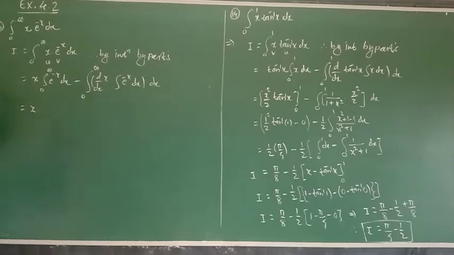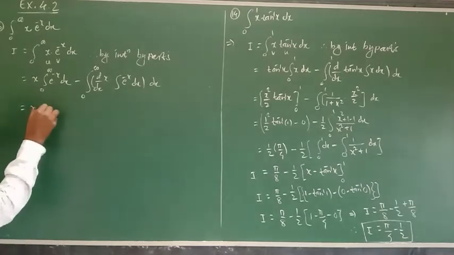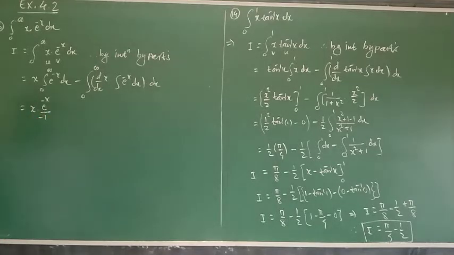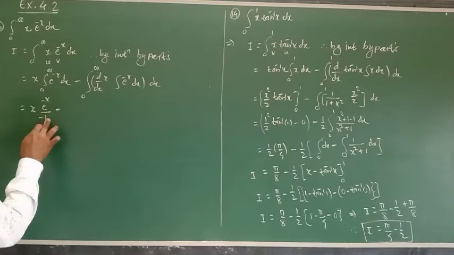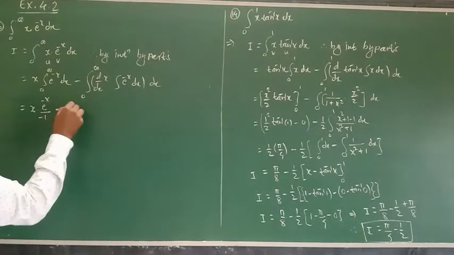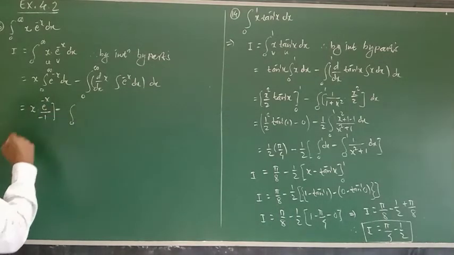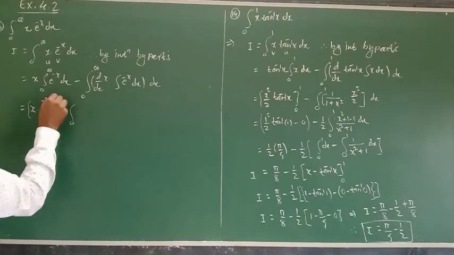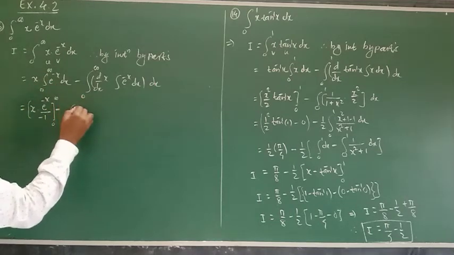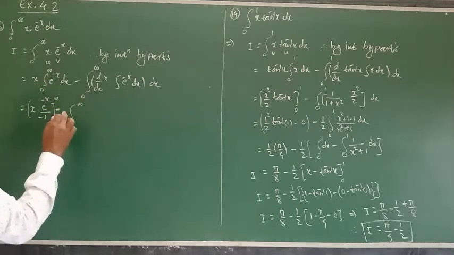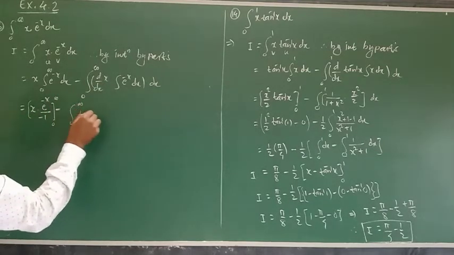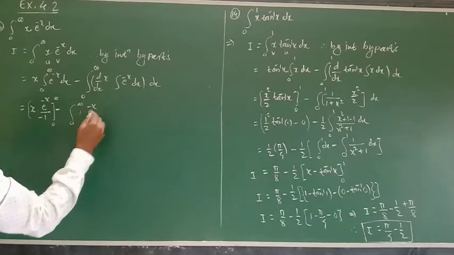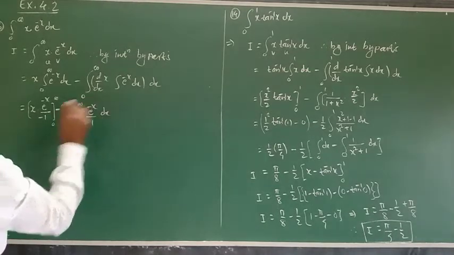So x times the integration of e raised to minus x, which is e raised to minus x upon the coefficient of x, minus 1. Log e value is 1, so no need to divide by log e. Here I put the limits 0 to infinity, minus the integral of the derivative of x, which is 1, times e raised to minus x upon minus 1 dx.